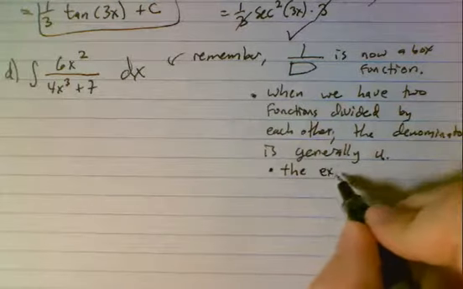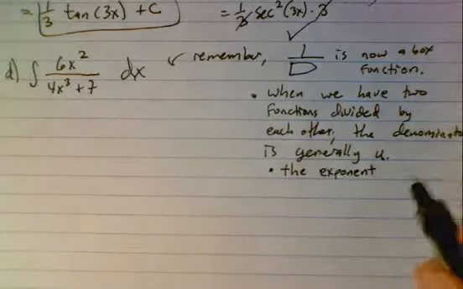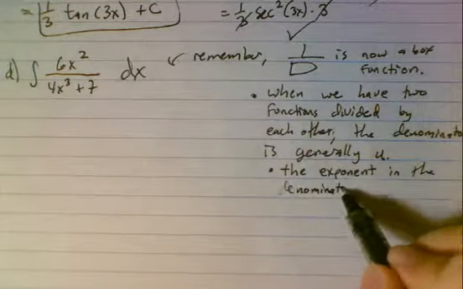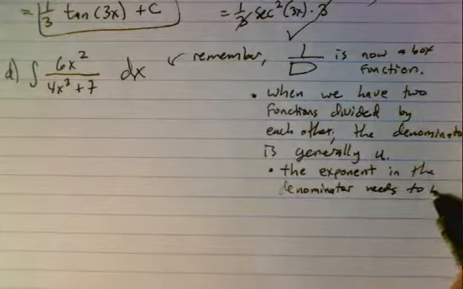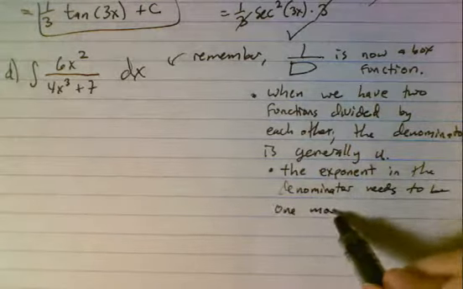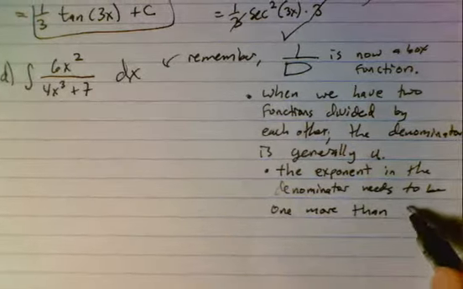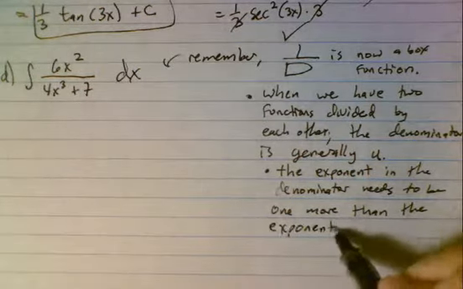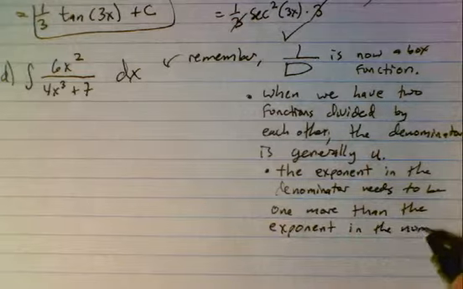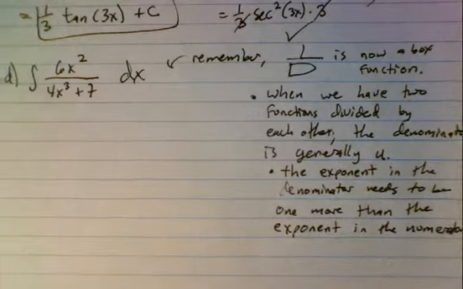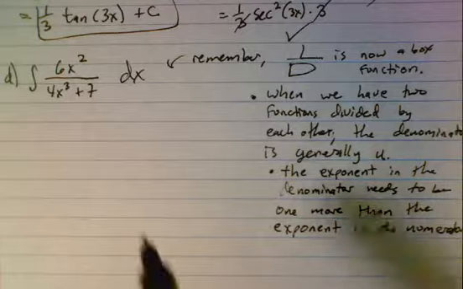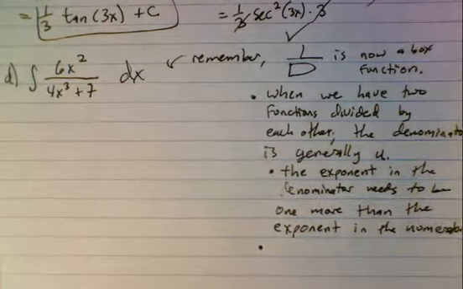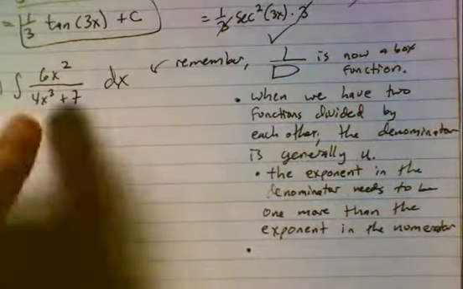So the exponent in the denominator needs to be 1 more than the exponent in the numerator. And the reason that we have the denominator being u typically instead of the numerator is something that I'm going to put in as soon as we have a little more worked out up here.